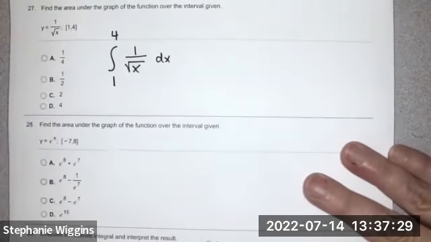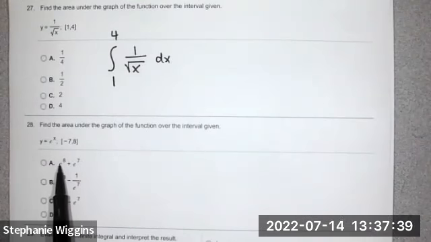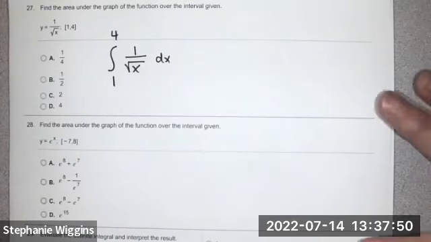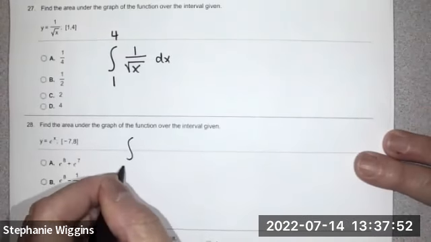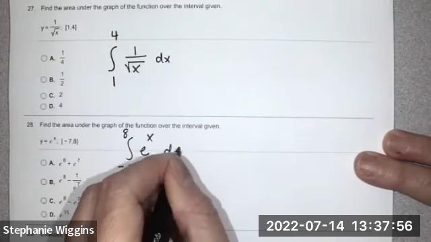In this particular one, the calculator is going to give you a decimal value, and notice the answers all have e in them. You can calculate on your calculator what the decimal value is for each answer and compare it to what you get. Or you can just do it manually: integrate from -7 to 8 of e to the x dx.